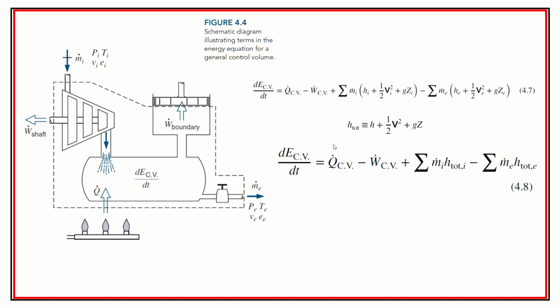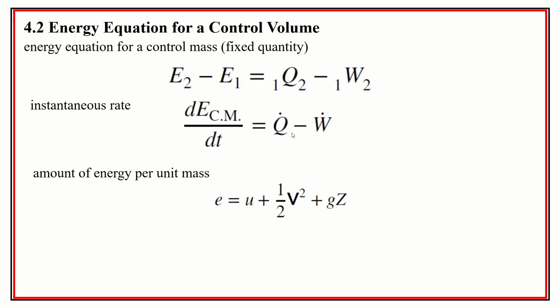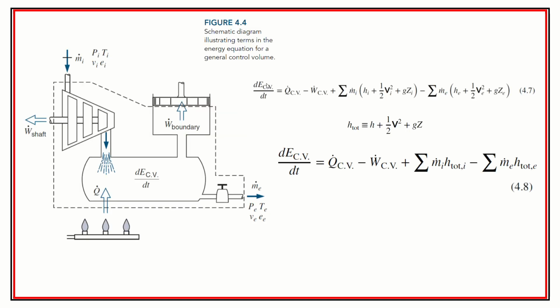Here I have presented one of their equations, equation 4.7, and notably they are lumping things together. First, let's note what's being done right here. We said here's all the energy that's inside the control mass, but now that I said there's a control volume instead, we've changed what we've been writing.